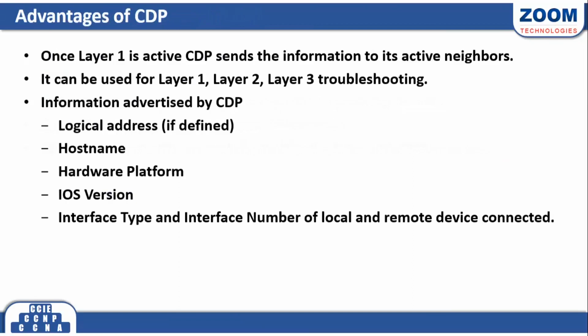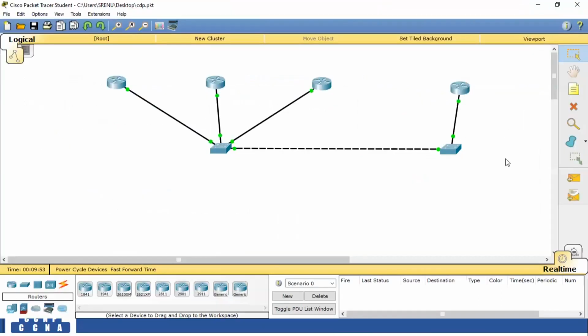Information advertised by CDP: the logical address, meaning the IP address if configured; host name, the device name; hardware platform, meaning whether it is a 2800 series, 2600 series or 5000 series; IOS information, is it 12.1 or 15.1; interface type, is it Ethernet, fast Ethernet or gigabit; and the interface number, on which interface it is connected exactly. That information. Let us check.